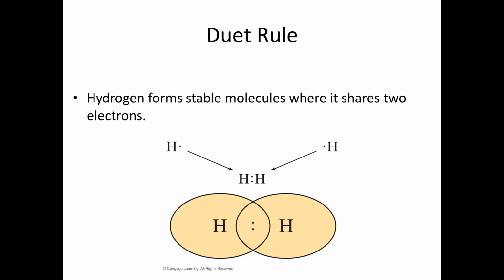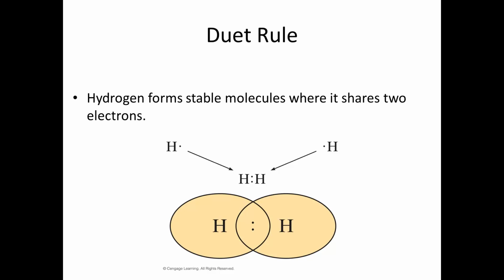We know that hydrogen is one of our diatomics. Each of the hydrogen atoms shares 1 electron. That even sharing of 2 electrons between our hydrogen atoms is a covalent bond, and we have a duet of electrons. Remember, hydrogen is in the first period of the periodic table. It only has a 1s orbital to fill.